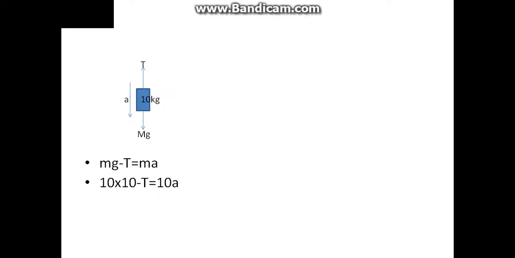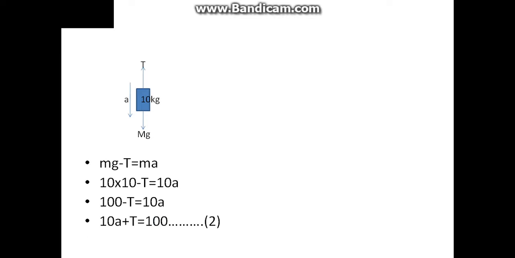Substituting the values, we have 10, which is the mass, times 10, which is acceleration due to gravity, minus T is equal to 10a.